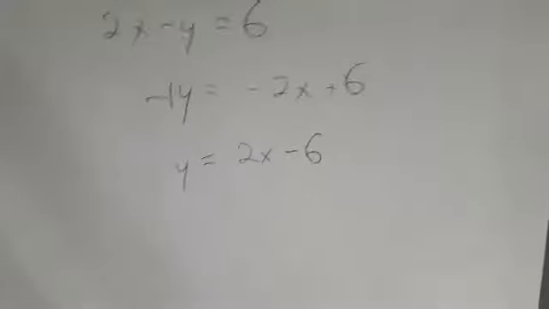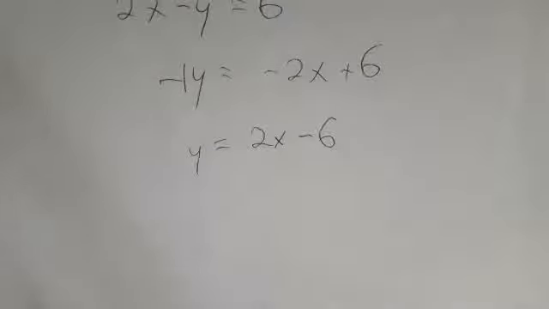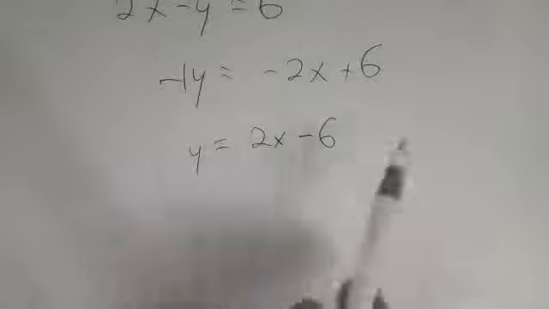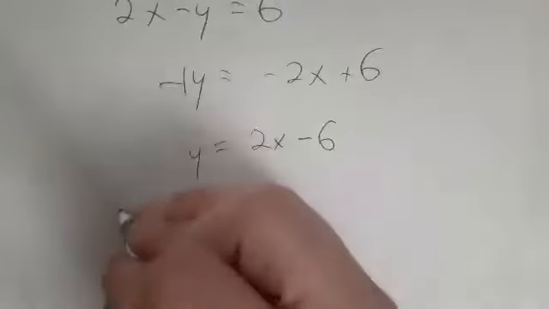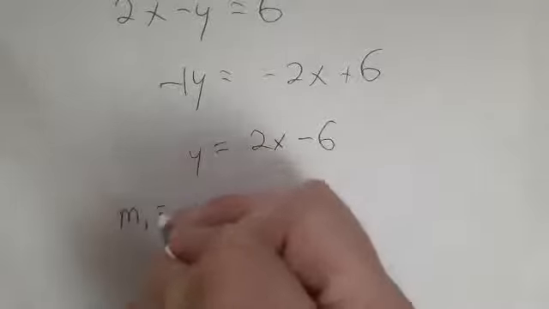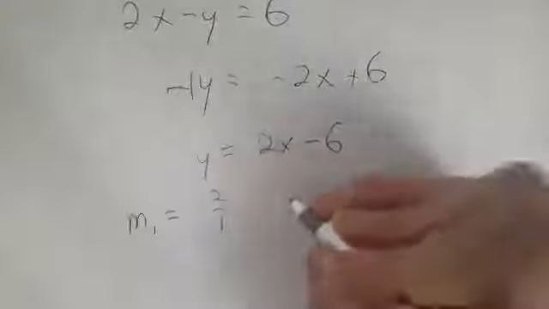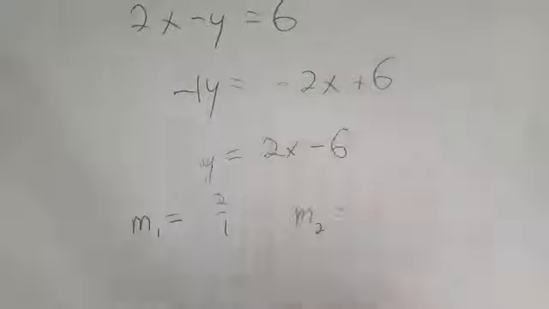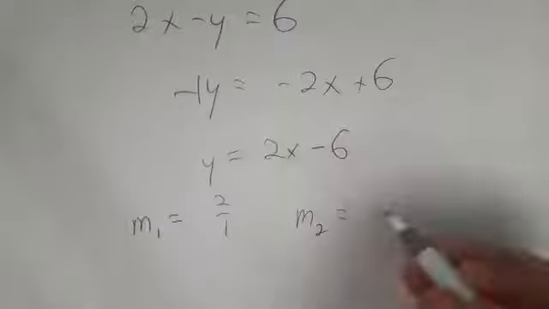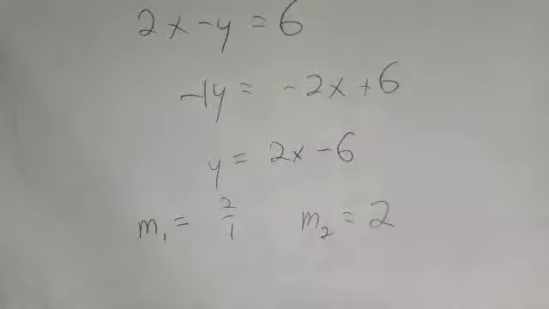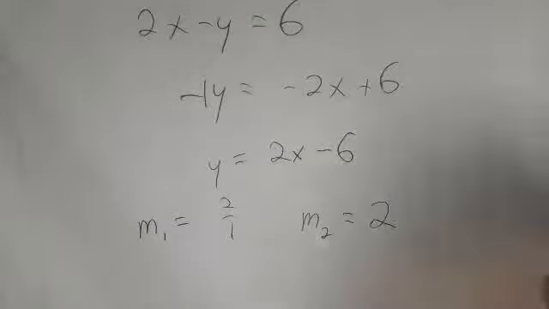I did all this work to find a line that is parallel to this. So I want to pick off my slope. The slope of this thing is 2 over 1. And if the slope of that thing is 2 over 1, the slope of my parallel line is going to be 2 over 1. Or just 2, right? Yeah. 2. And the point that they gave me was 3.